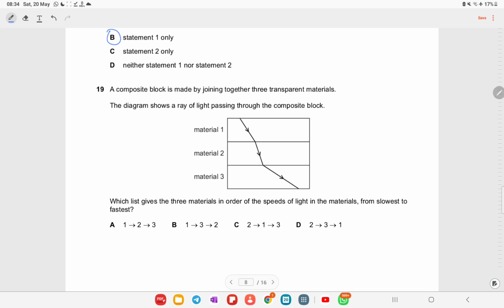So this is the least bend, this is going to come first, because I have written material 1. Then I'll write down as per the options given. Then it's going to be this one, and then this, 2, 1, 3. So this is going to be the right answer.